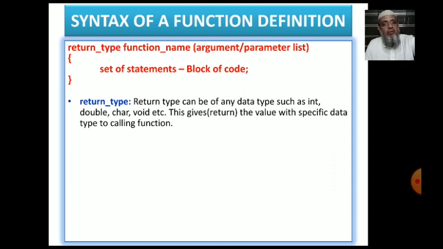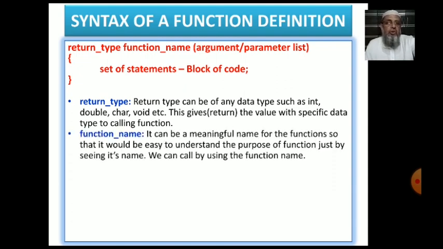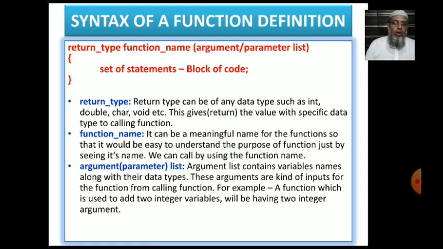So again, the return data type of the function, a meaningful function name, and the argument and parameter list which has to be given from the calling function. It will provide the values in terms of a particular data type, and all the arguments or parameters must have legitimate values like integer, character, float, and double.